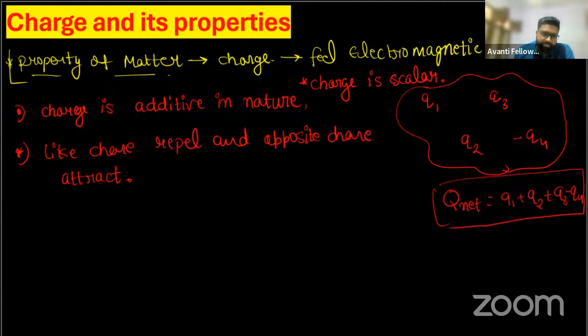Okay, I'll change the color. No problem. So I have to write it down again. I'm speaking also, so you can take notes also. Okay? Now, I think this ink is visible to you. So like charge repels and opposite charge attracts. Sorry.